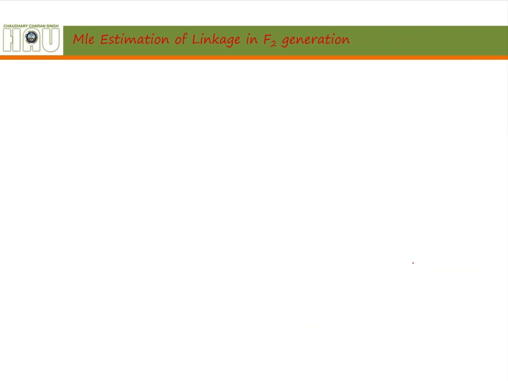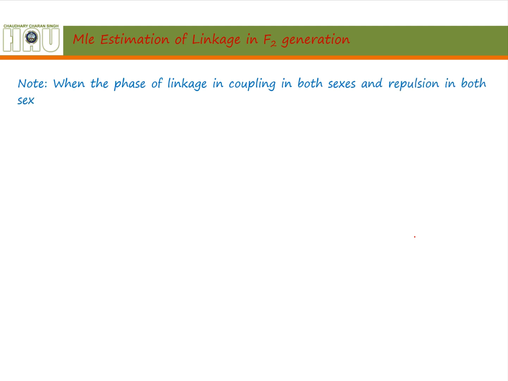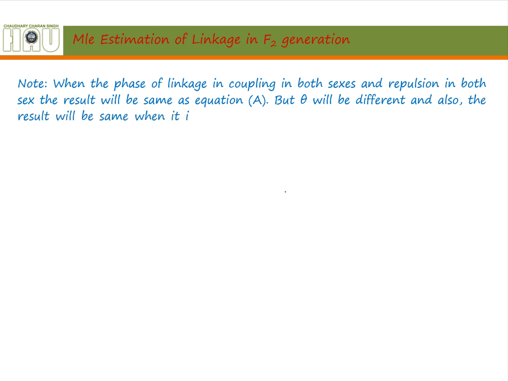Now let us talk about what consequences, or what important things, we have observed. So you may write a note: when the phase of linkage is coupling in both sexes and repulsion in both sexes, the result will be the same as we get in equation 1, but theta will be different.